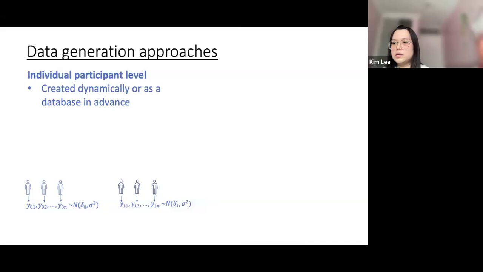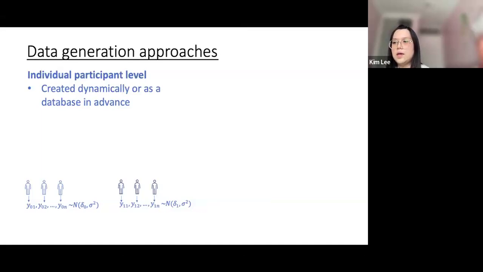Another thing that you might want to consider before writing the code is about the data generation approach. One way is to simulate individual participant data. We can generate the data one after another in a dynamic way that emulates real practice. For example, we simulate the baseline data, we randomize the subject, and then generate their outcome data.